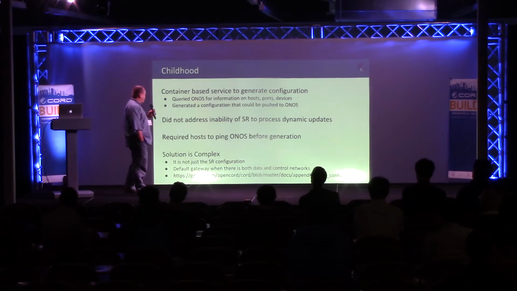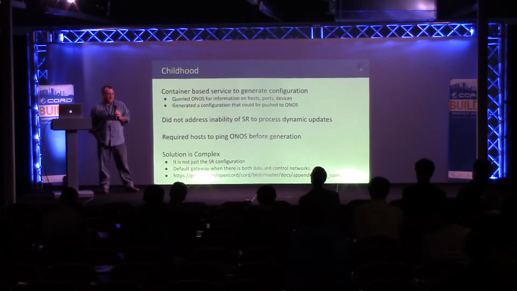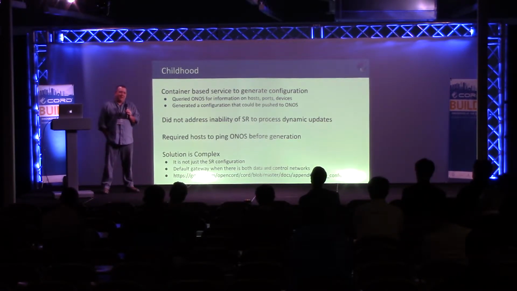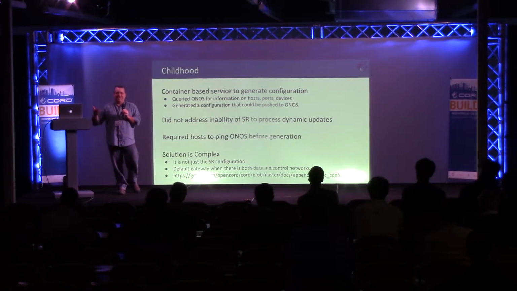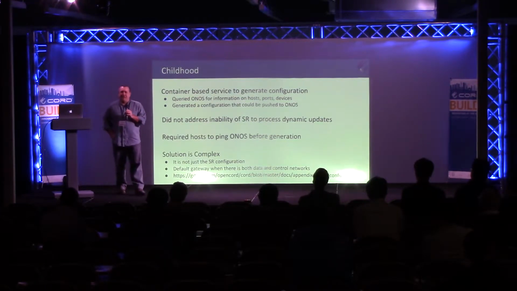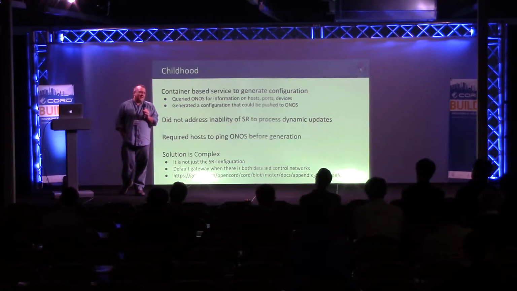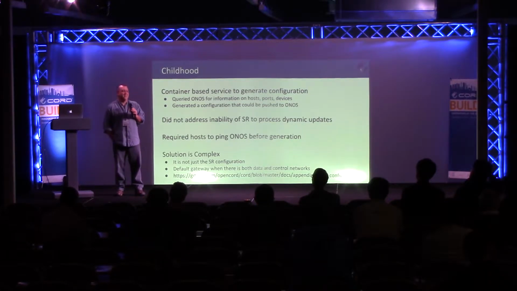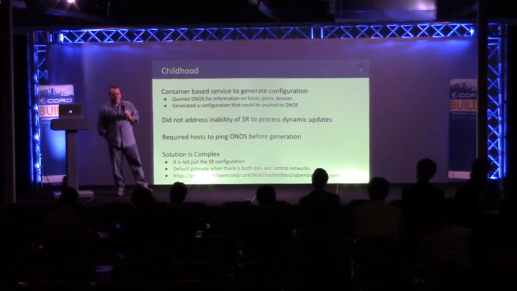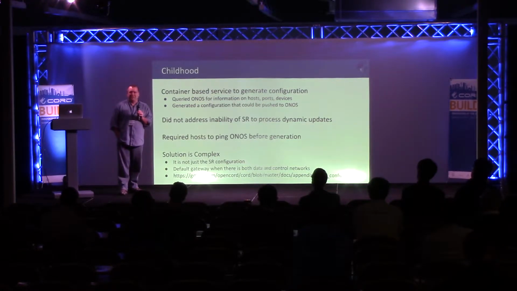There were some problems with that, partially because you can generate a configuration, but when you push it to Onos, that doesn't mean Onos, the segment routing app, would always take it. Again, you might have to restart the app. There were other issues around it, such that you wanted the information about hosts at this time, the IPs and the MACs. Unfortunately, Onos doesn't know about a host until that host has pinged it.